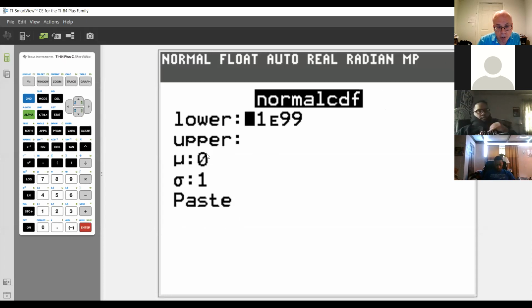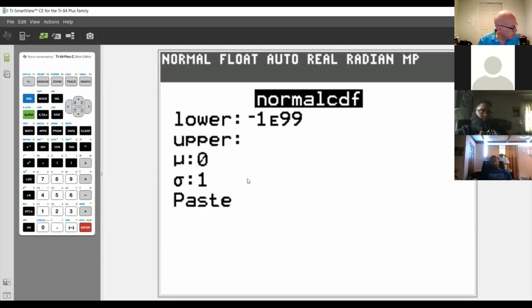This is the order you put the numbers in: the lower endpoint of the interval, a comma, the upper endpoint of the interval, a comma, the mean, a comma, the standard deviation. Type all those in, close the parentheses, and hit enter. You'll get a screen that looks like this.